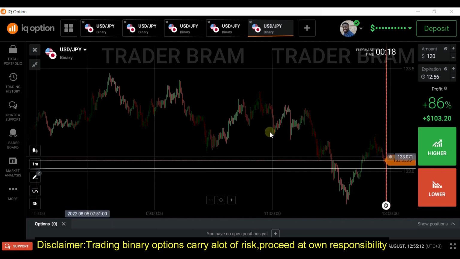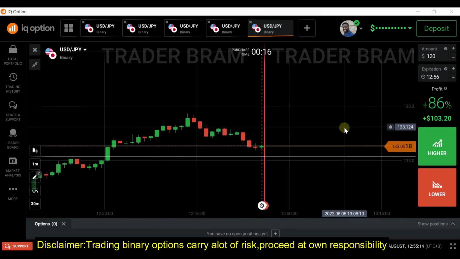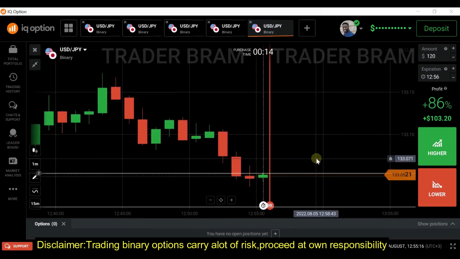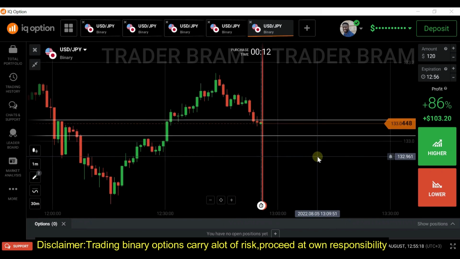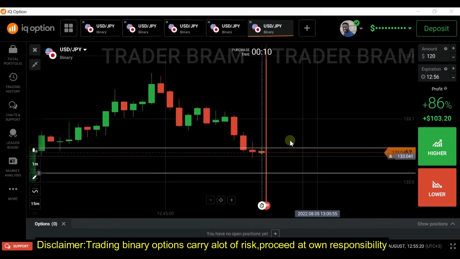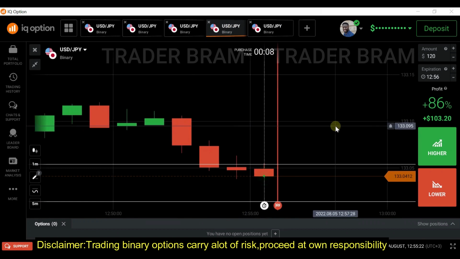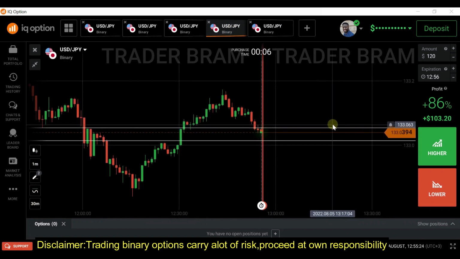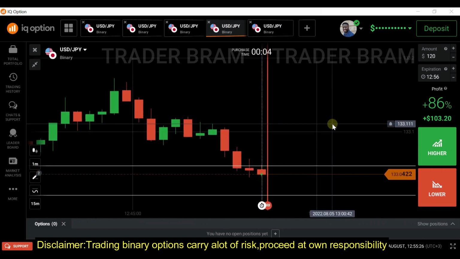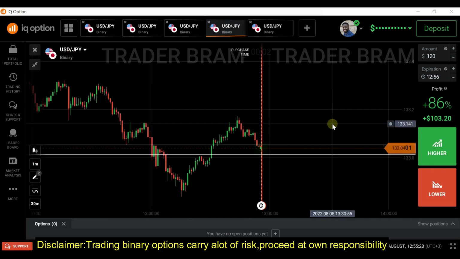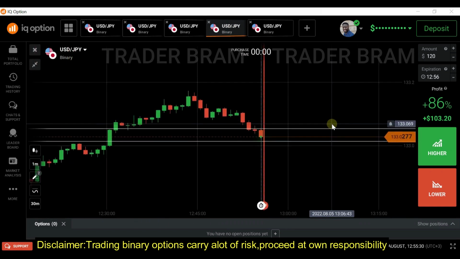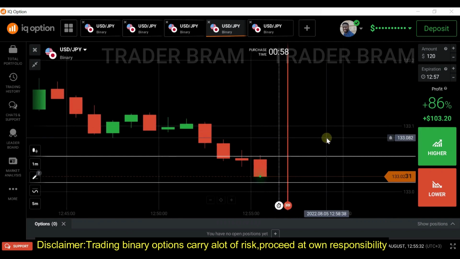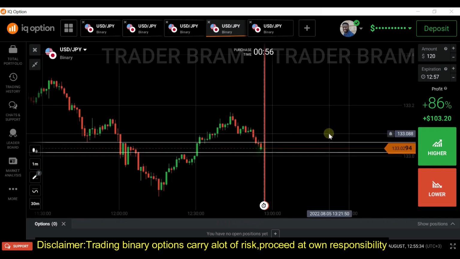So that's our level of support and resistance. We need to wait for the market reaction in that area. So I need us to break below this area for me to take a trade.